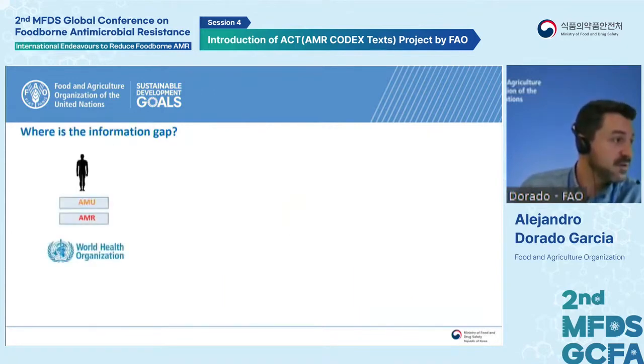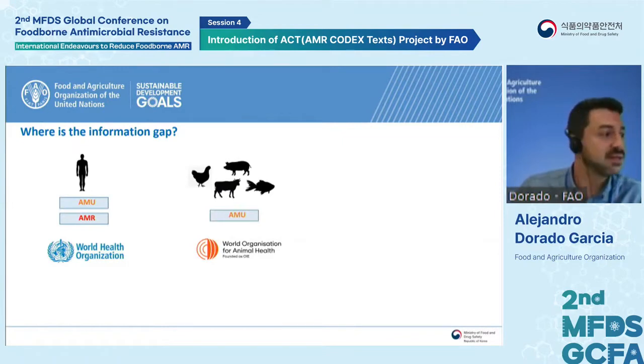The World Health Organization has been collecting antimicrobial use and antimicrobial resistance data in humans for several years, and they're putting this information under the GLASS system, the Global System for Surveillance of AMR and AMU. This is information from humans.